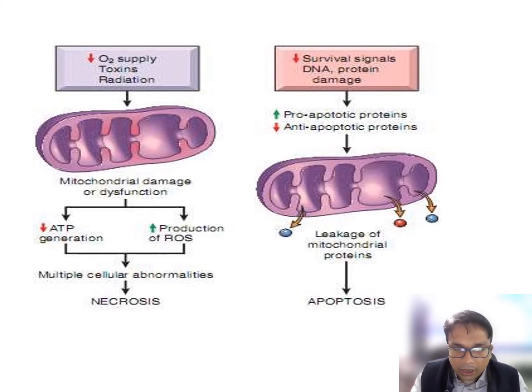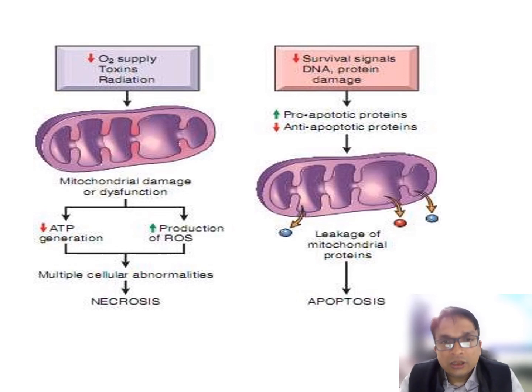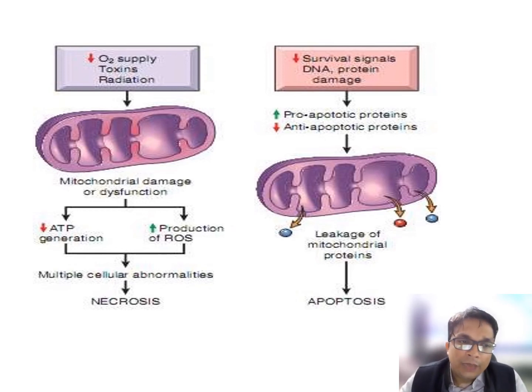If both are functioning at a normal level, our cell functions normally. But if the pro-apoptotic proteins, responsible for apoptosis, increase in quantity, and the protein responsible for suppression of apoptosis is reduced, that results in mitochondrial leaking, which results in apoptosis. I had discussed apoptosis and necrosis in detail in my earlier presentation on types of cell injury.